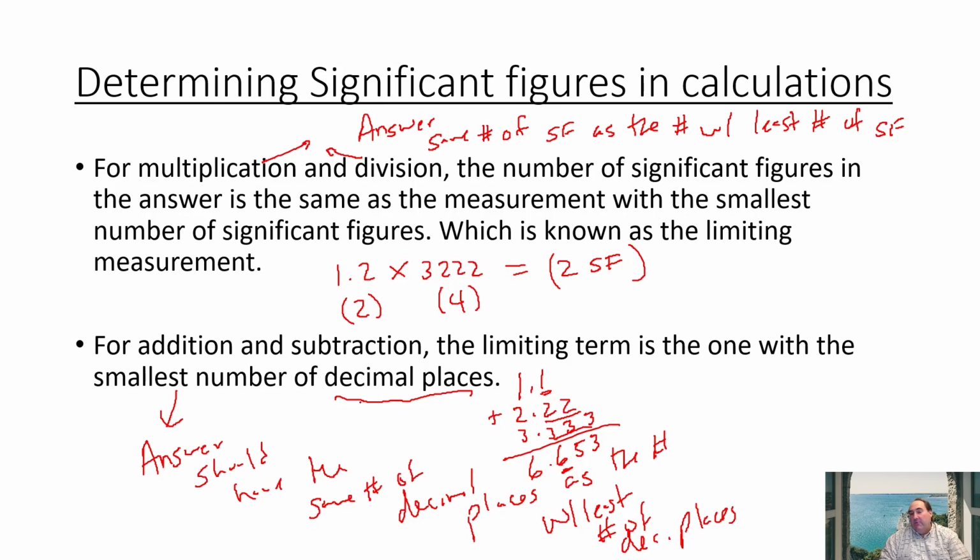Our answer actually should go to 1 decimal place. It is a 5, which means 6.7 should be our answer here. 6.7 has 1 decimal place, but it has 2 significant figures in case you need to know that. And that might be important if you're going to take that number and do some type of multiplication with it.